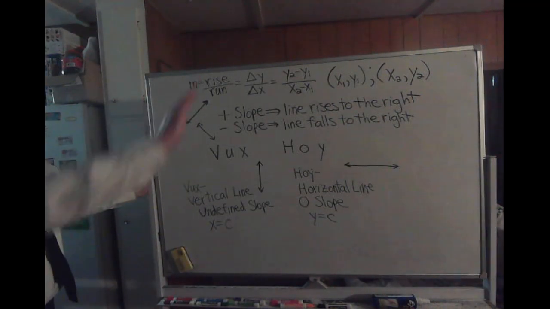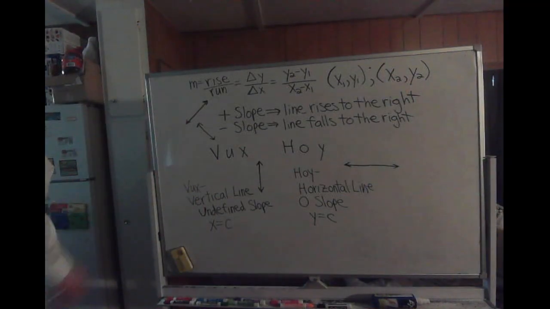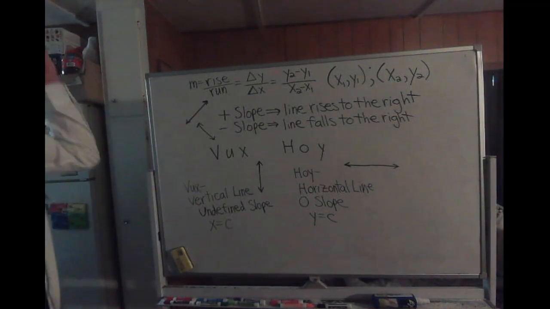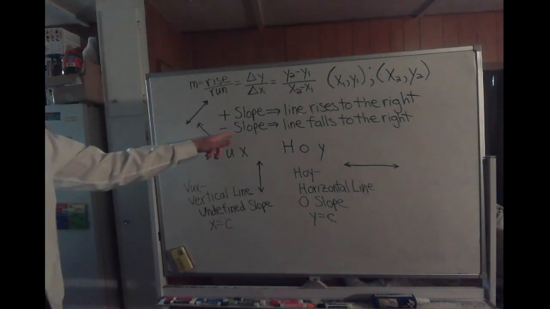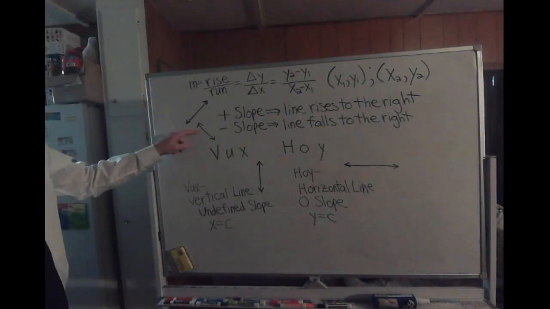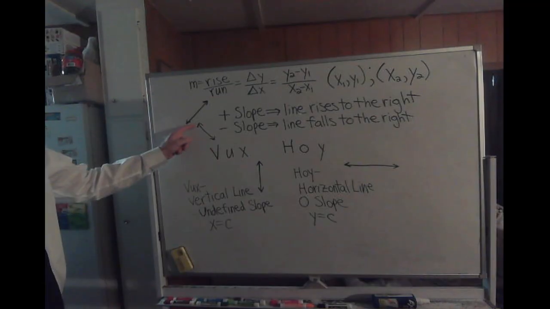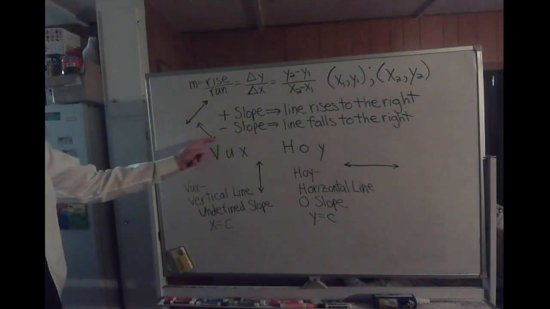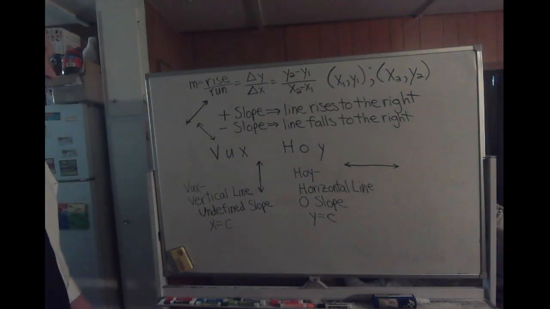That's a positive slope. Now, if the slope is negative, the line falls to the right, as we see with this line right here. It starts out up high, and the further right you go, the more you fall down. That's indicative of a negative slope.